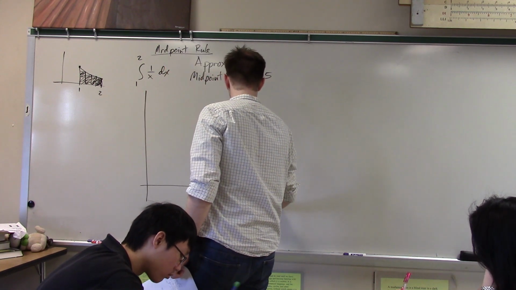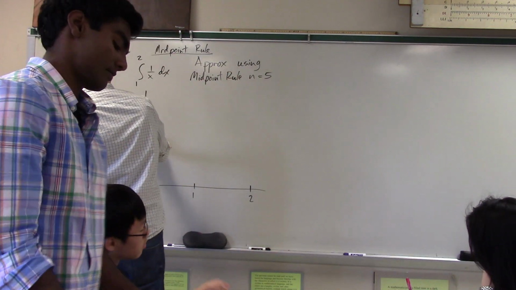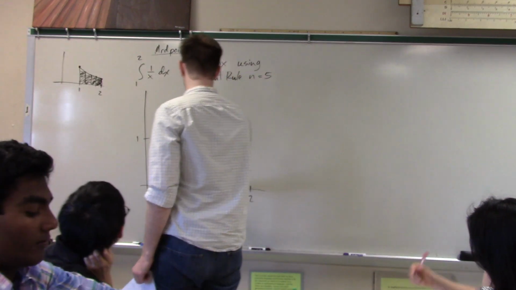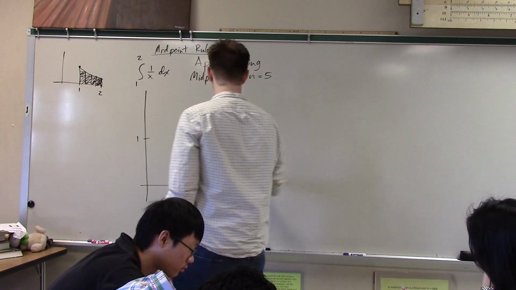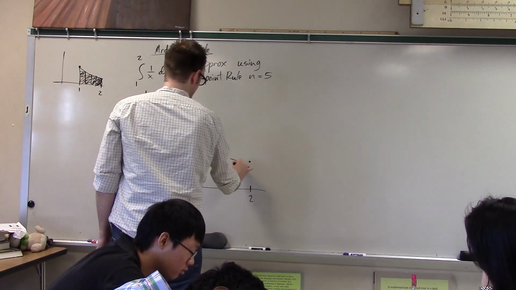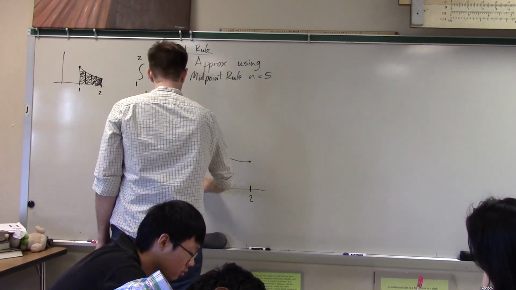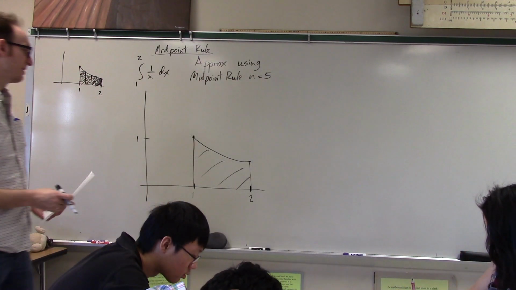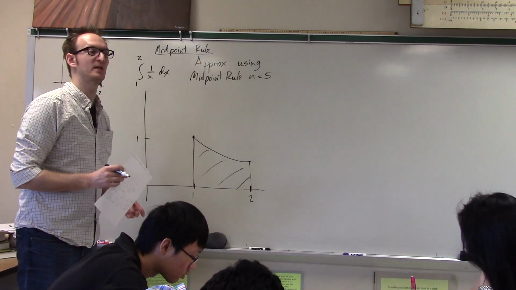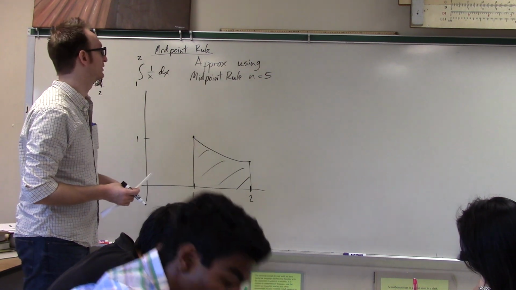Here's 1, 2. Plug in 1, I get 1. When I plug in 2, I get a half. So this is my function, and this is the area that I want. Okay, so let's split this up into subintervals.